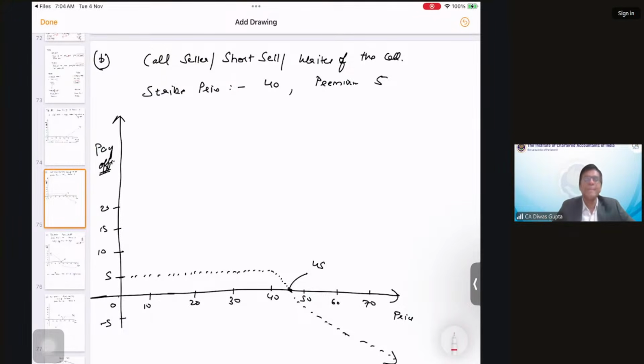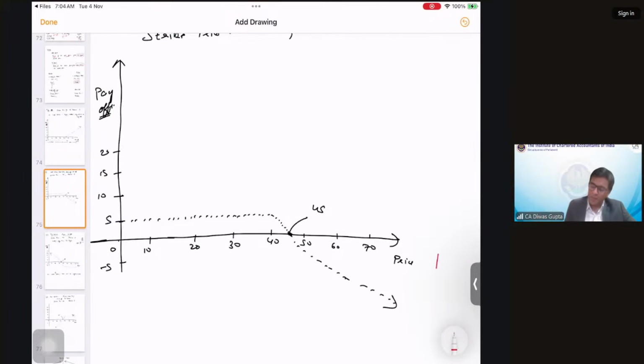That is where the loss will start coming and it will increase once the price also increases. So what we are saying here is that the call option holder has an unlimited potential to earn. The call option seller has an unlimited exposure to losses.